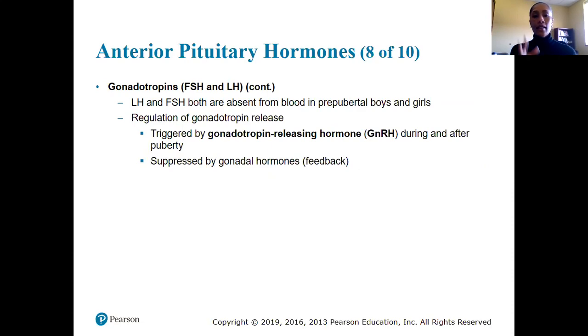For LH and FSH, their releasing hormone is going to be the gonadotrophin releasing hormone. And both of these hormones are not going to be in our blood until we reach preteen years, where we're going to start going into being reproductively adults.